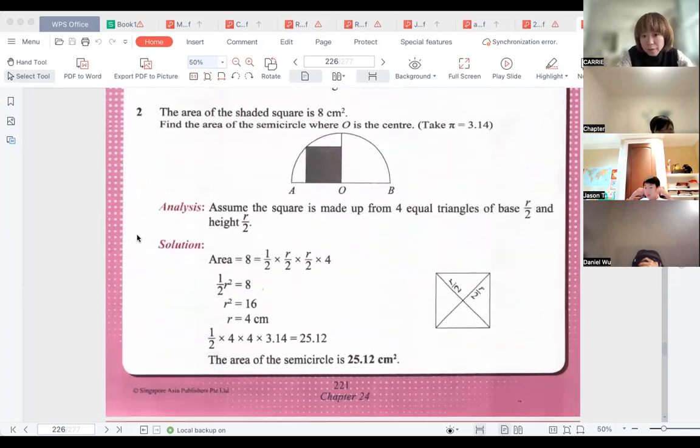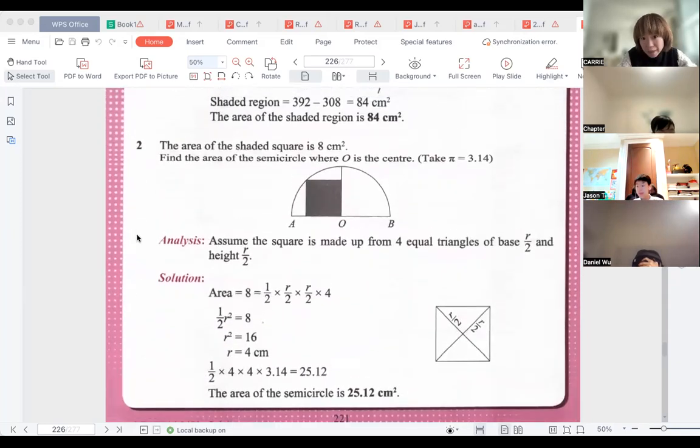Okay, so let's take a look at number 2. I'm going to explain this question again. If you don't understand this one, the rest of them are very hard.